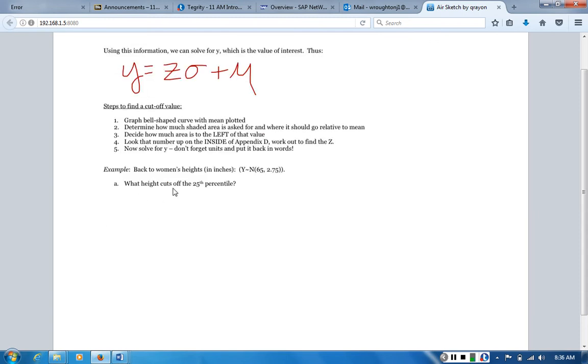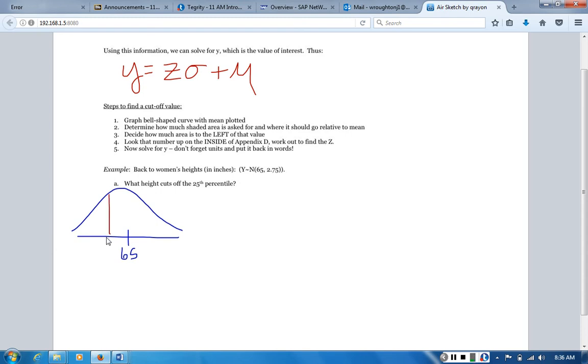So we're still going to work with women's heights, and this time we're going to find the value that cuts off the 25th percentile. So remember, percentile tells you how much is to the left or below that number. So if I think about it, 65 is actually my 50th percentile because 50% is below it. So the 25th percentile has to be somewhere below 65.